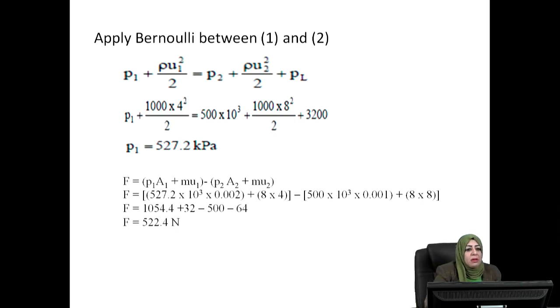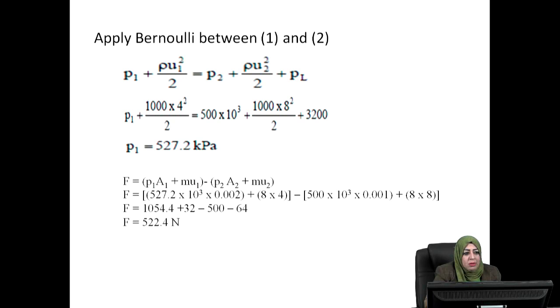هسه راح نحسب مقدار القوى. F equal P1A1 plus MU1 minus P2A2 plus MU2. وهي معادلة المومنتم اللي هي summation forces equal summation of the momentum at point 1 minus point 2.